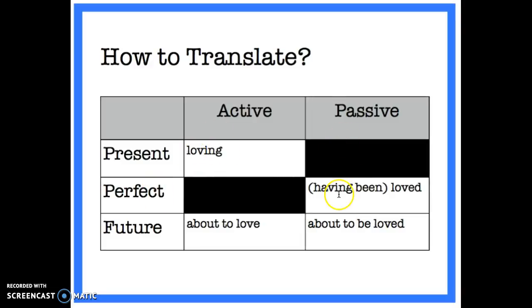And then passive is going to be having been loved, or having been blanked if it was a different verb, having been seen, having been captured. And then about to love and about to be loved. So you just insert the verb. Of course, these are doing and these are receiving the action.